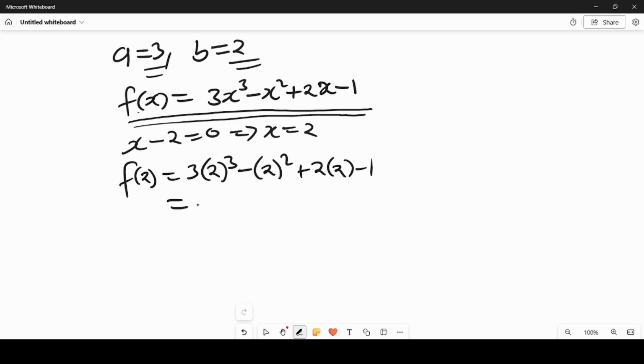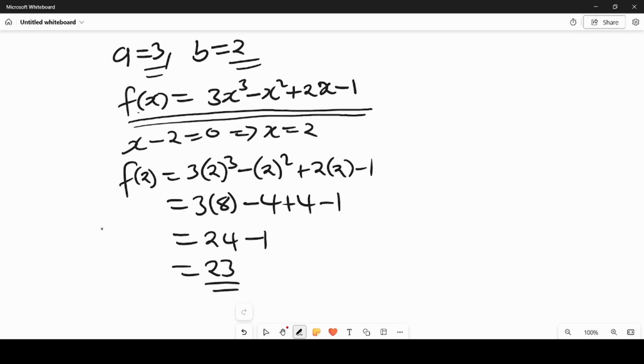This is equal to 3 times 8 minus 4 plus 4 minus 1. This is equal to 24 minus 1, which is equal to 23. So this is the remainder when you divide it by x minus 2.